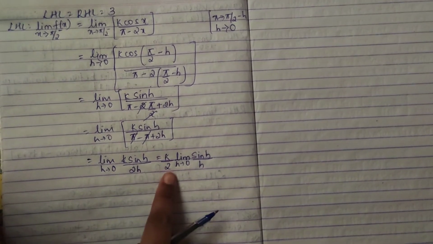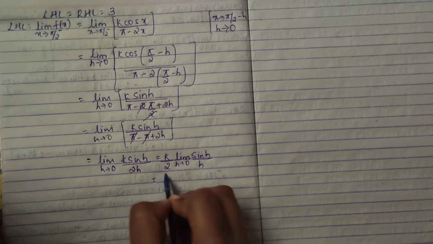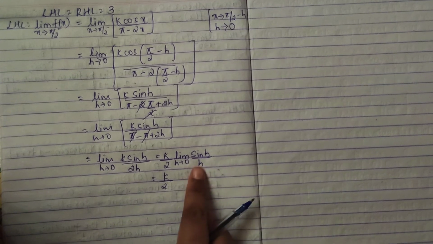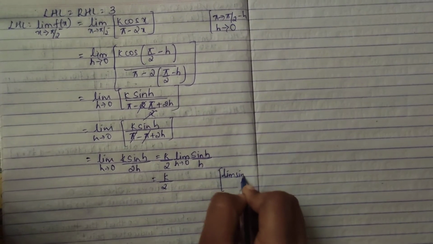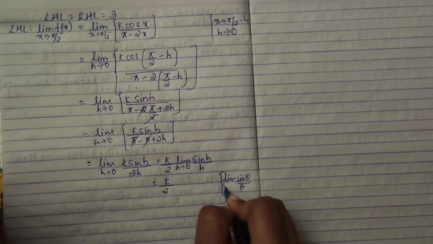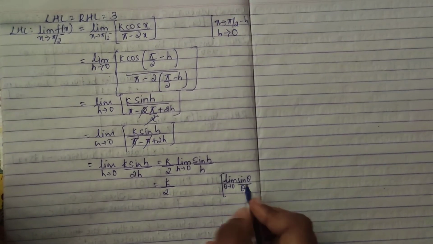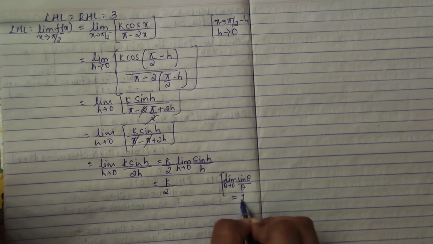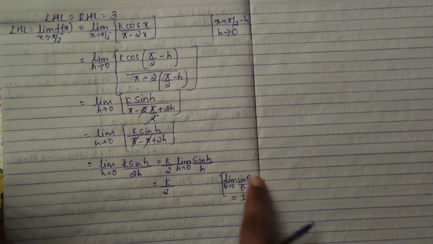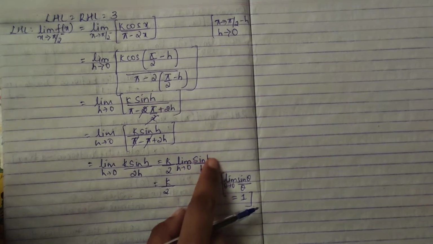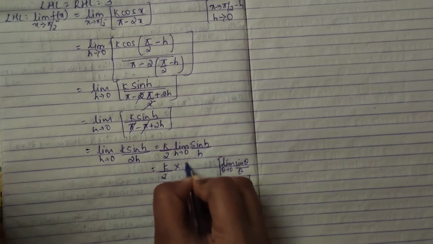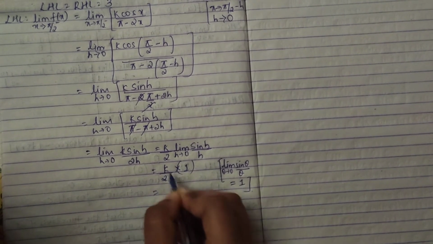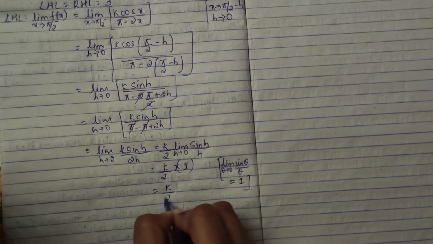Now I have told you the standard theorem: limit of sin theta by theta as theta tends to 0 is equal to 1. It is in the same form, sin h by h as h tends to 0, so this part will be 1. So k by 2 into 1 will be k by 2.